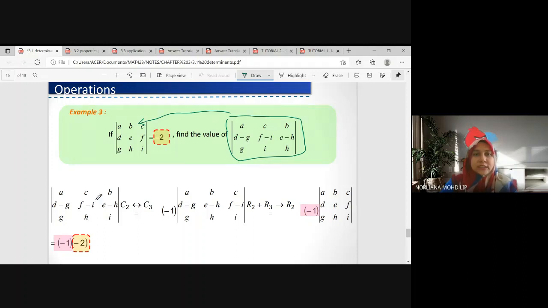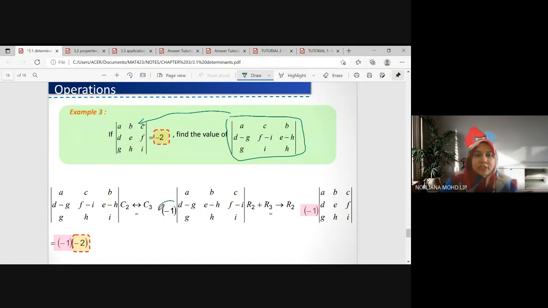Okay, kita salin lah. A, B, C, A, C, B. Okay, kena ubah kan. So, first dia interchange column 2 with column 3. B, C. Nak interchange B and C kan kat sini, B and C. So, we use column 2 interchange with column 3.